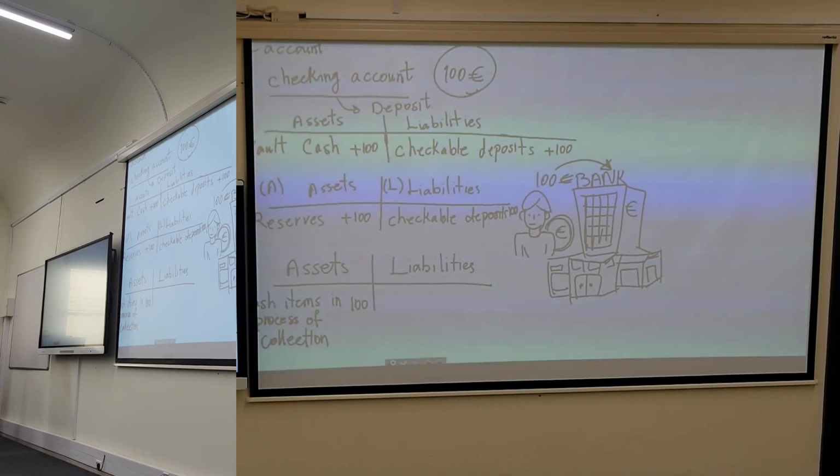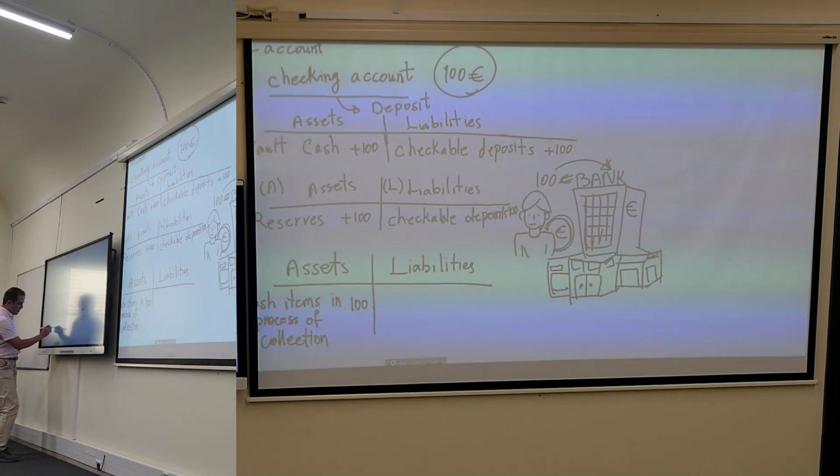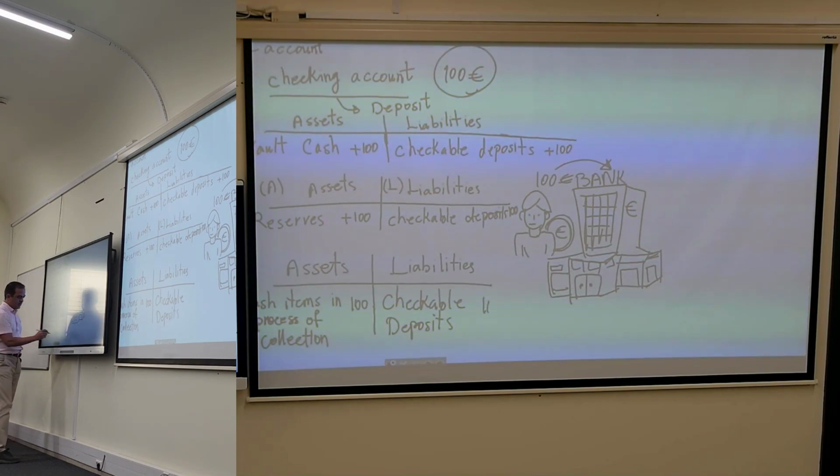So this is a check written on an account at another bank, okay? And this would be what we can see in the balance sheet. At the liability side, we can have the same, the checkable deposits with again 100, okay?